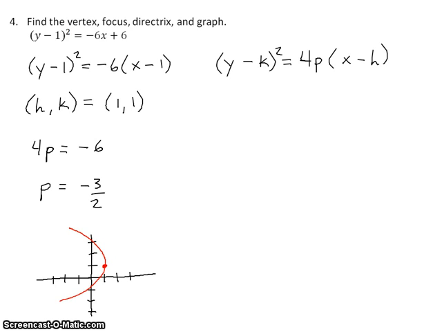Okay, so here we have the parabola on its side facing to the -x direction because the p-value is negative and the y is squared. So let's figure out the directrix.